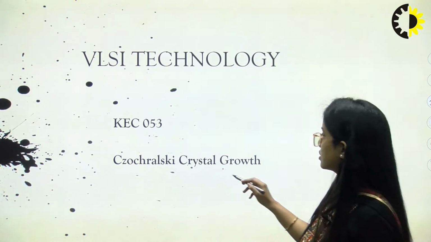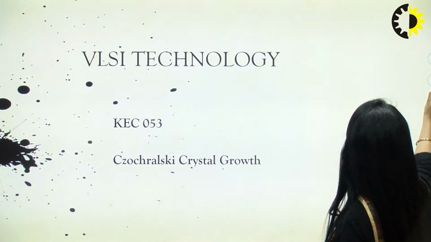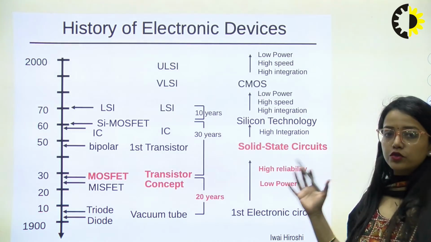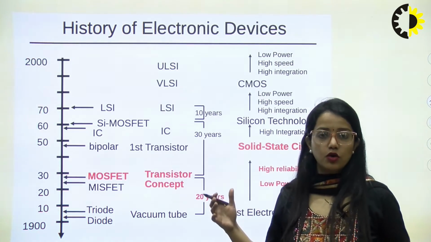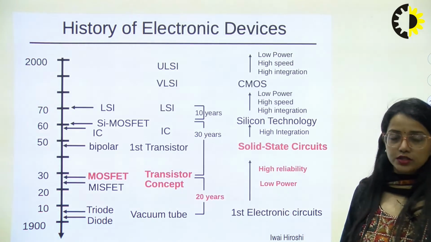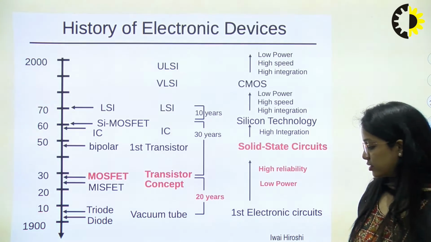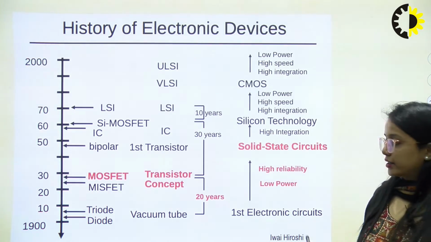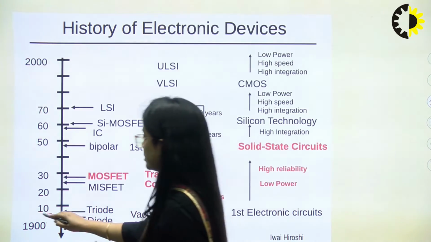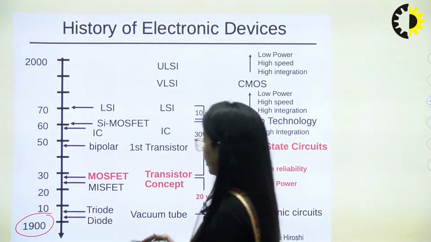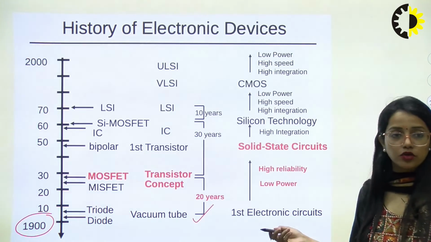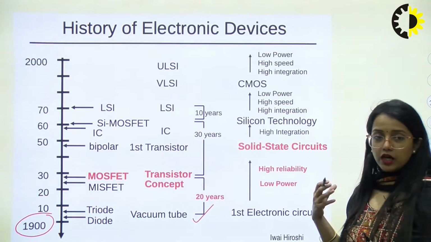So, coming on to the slides, before we start, we have to discuss the history of electronic devices. As far as the history of electronic devices is concerned, we started way back in the early 19th century where vacuum tubes were used as the first electronic circuit.